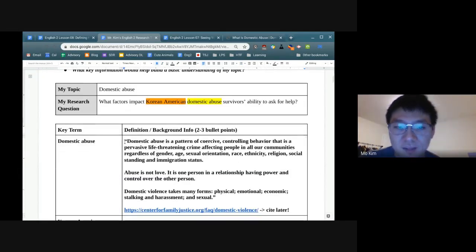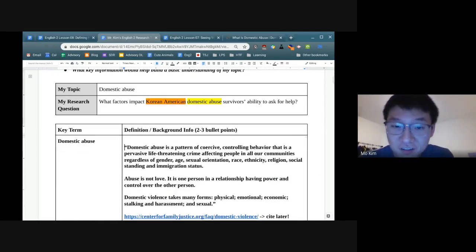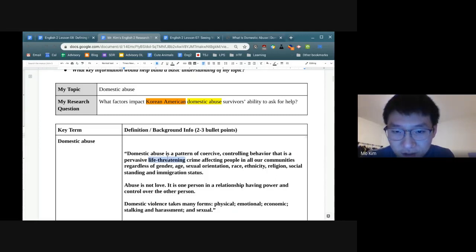I think number 1, you need to know what domestic abuse is. I'm going to paraphrase this. Basically, what this quote is saying is that domestic abuse is a pattern, right? A pattern of coercive controlling behavior that is a pervasive, life-threatening crime affecting people in all our communities.